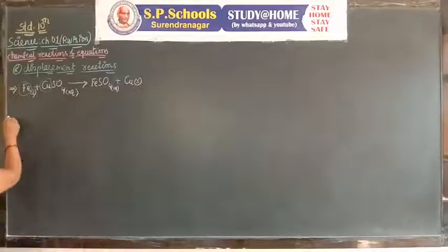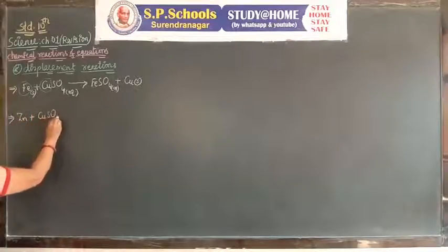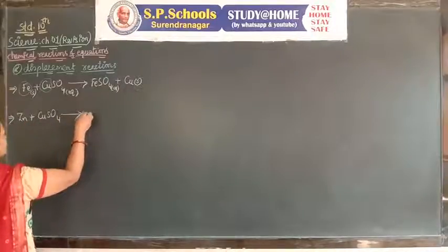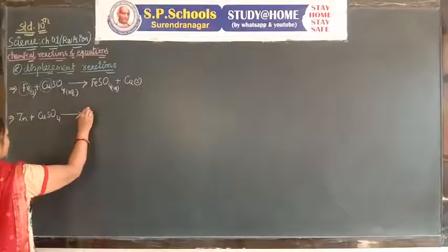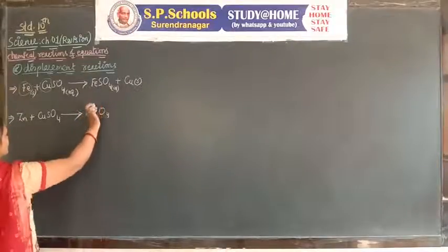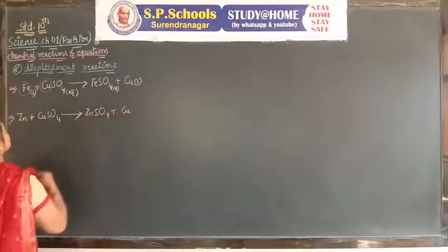Let's see another example. Zn plus CuSO4. You have to write the physical condition for all the compounds. The formation of ZnSO4 plus Cu.